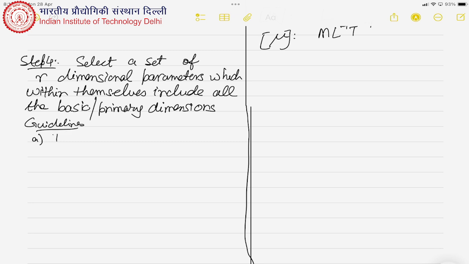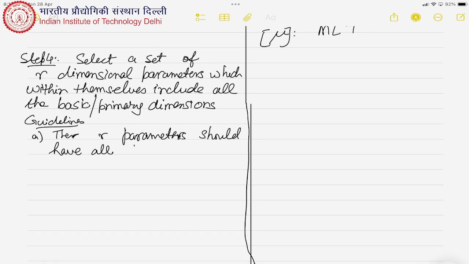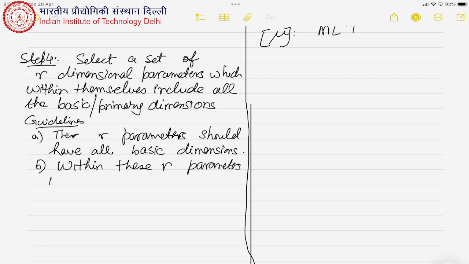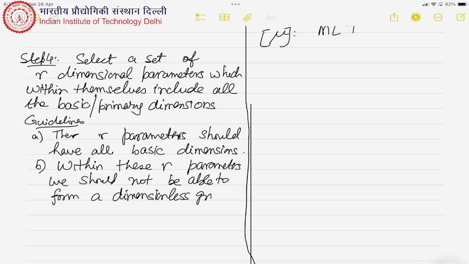One, the R parameters should have all basic dimensions, and B, within these R parameters, we should not be able to form a dimensionless group.